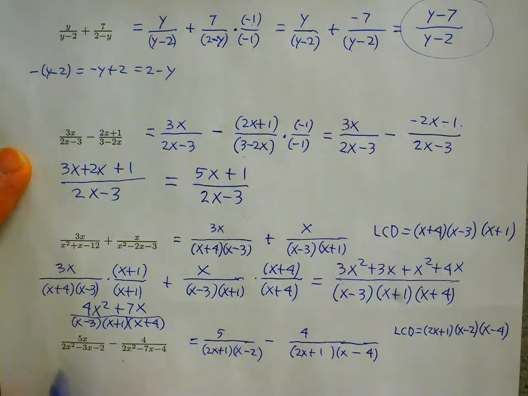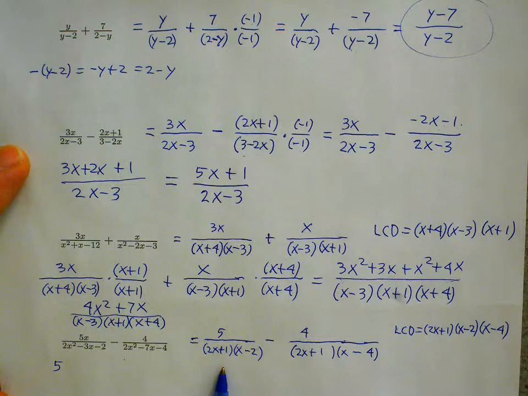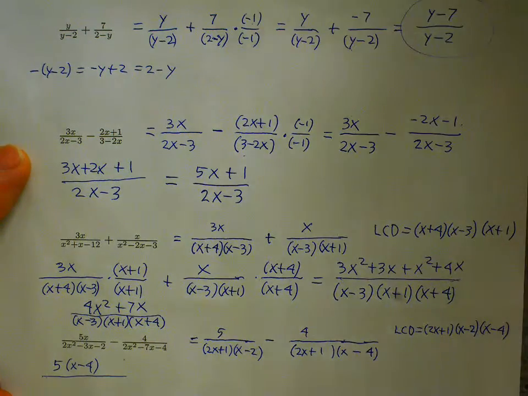Okay, I'm probably going to run out of space, but we're going to multiply the fraction on the left by 1 in the form x minus 4 over x minus 4. So I'll just write 5 times x minus 4 over the common denominator.